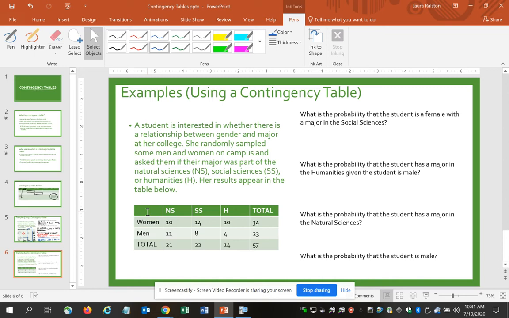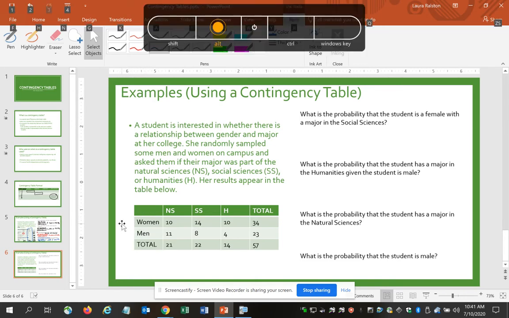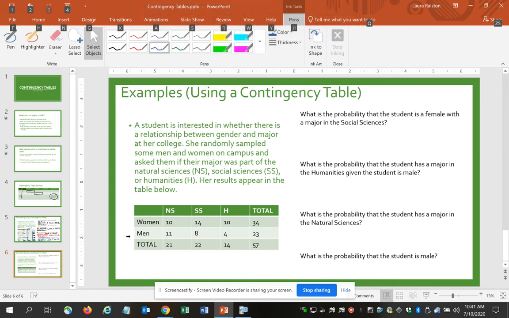So we have two qualitative variables: gender and major. If I'm focusing on the table here, I notice that my gender, women and men, are on the rows. The majors, whether it was natural science, social sciences, or humanities, are on the columns.